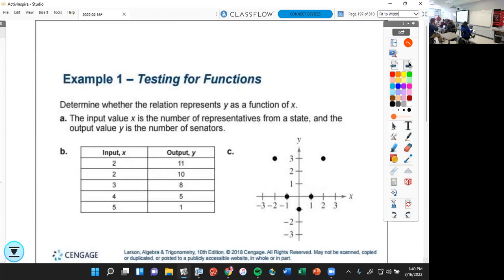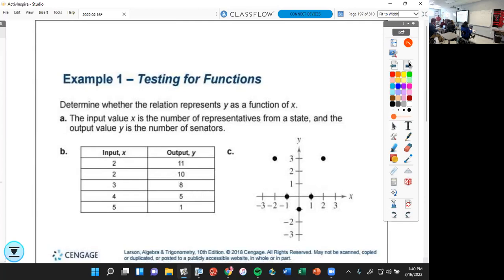If X is the number of representatives from a state and Y is the number of senators, is that a function? We're struggling on the social studies side of this question. How does a state receive representatives? What determines the number of representatives a state receives?